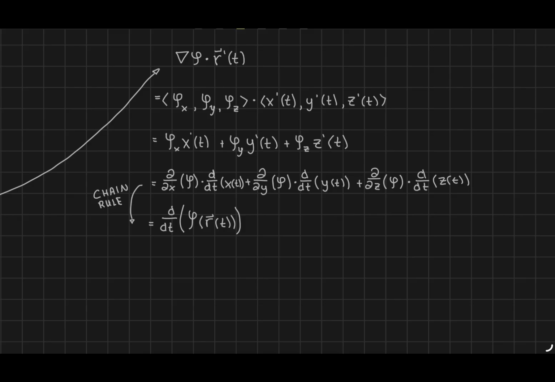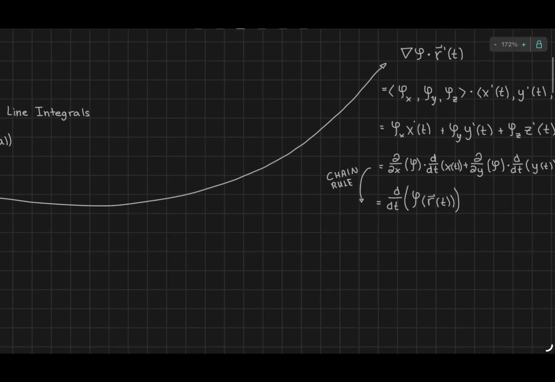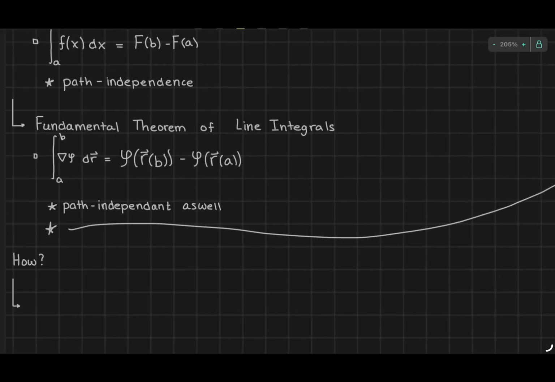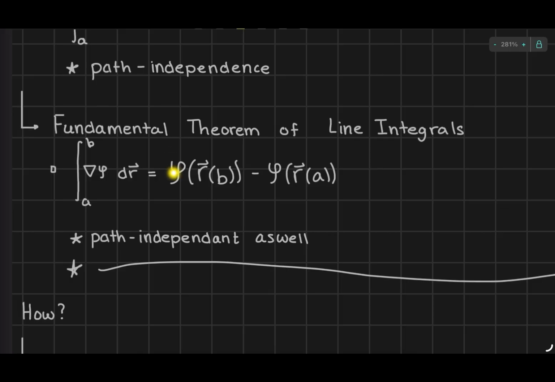And what would happen is if we took an integral from a to b dt with this in the integrand, then it would be the antiderivative of this, right? So what that means is when we integrate this, it's just going to be the antiderivative, meaning if we can somehow find this phi, this potential function it's called, then we're going to be able to use this fundamental theorem of line integrals.